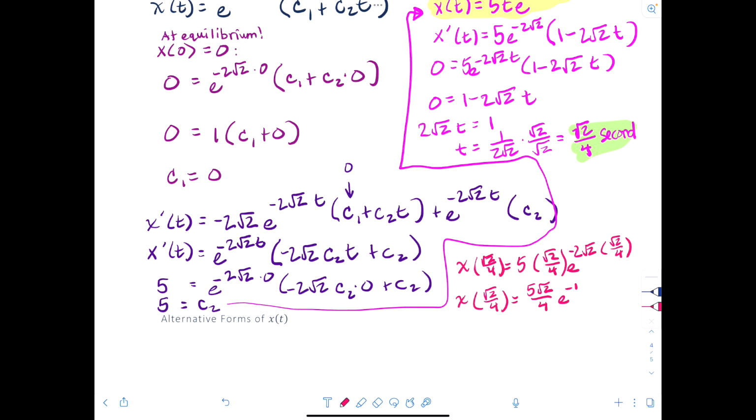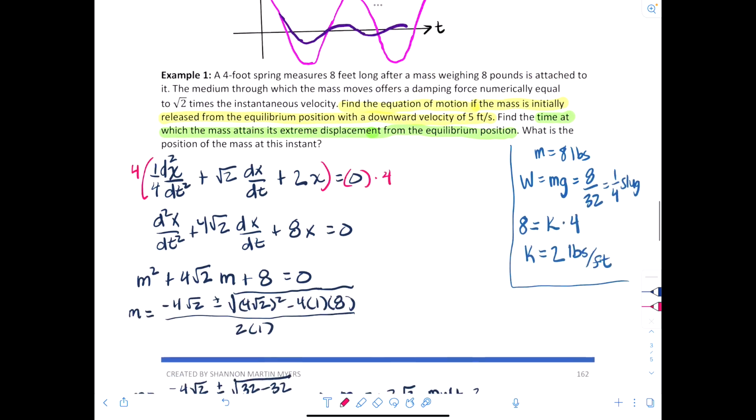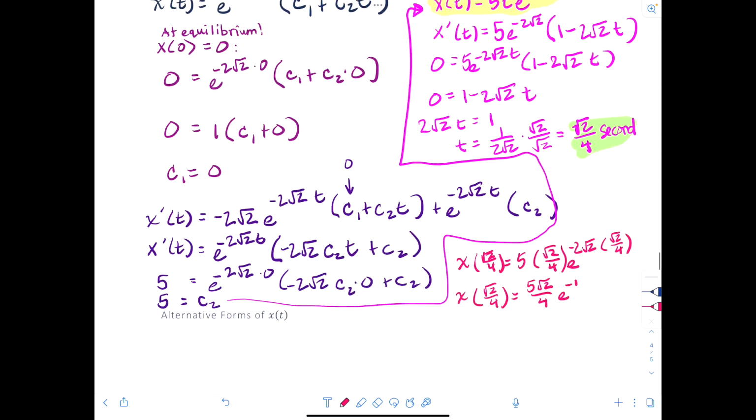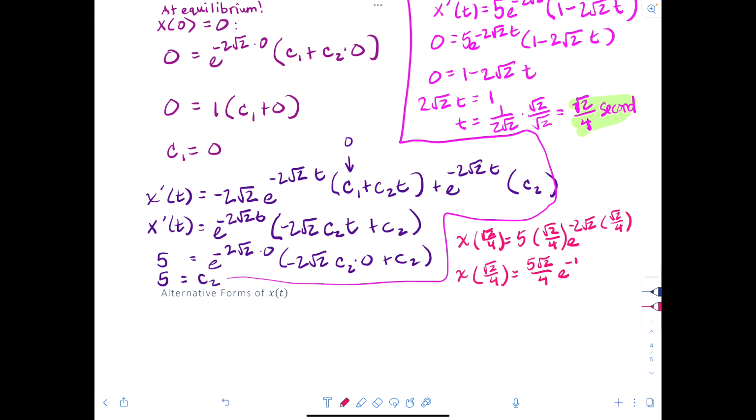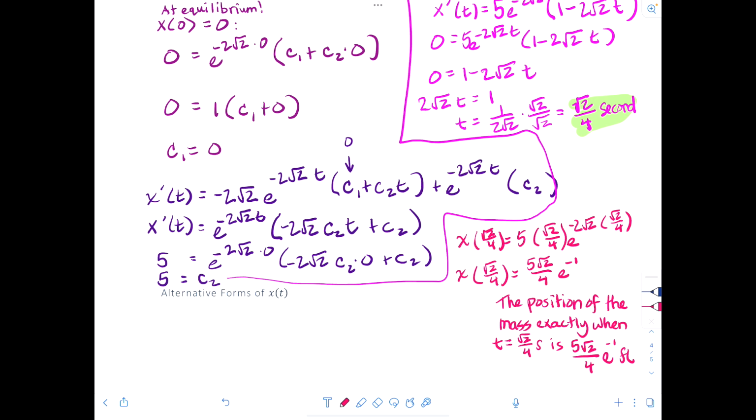So the position of the mass exactly when t equals root 2 over 4 of a second is 5 root 2 over 4 times e to the negative 1 feet.